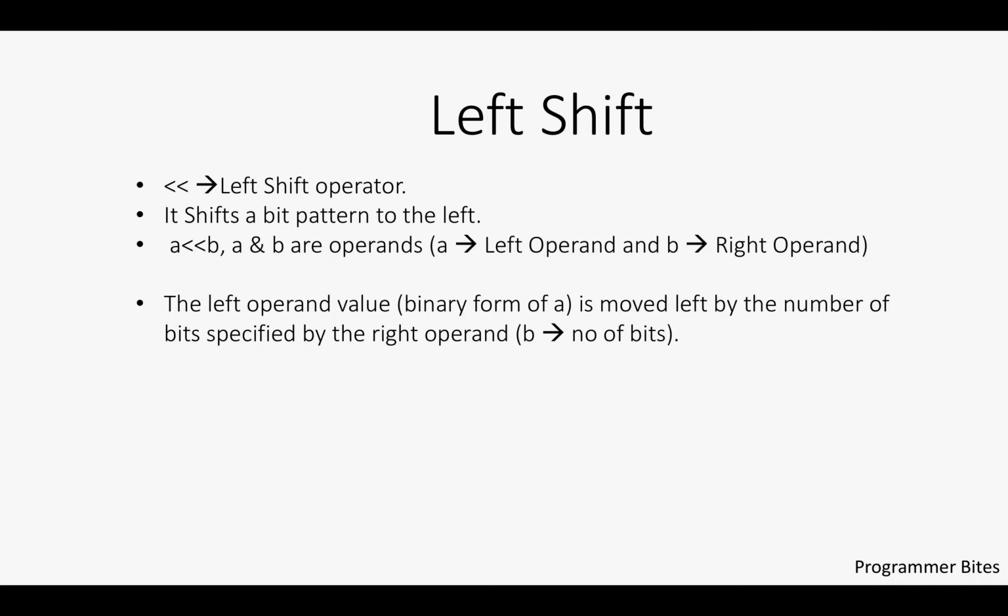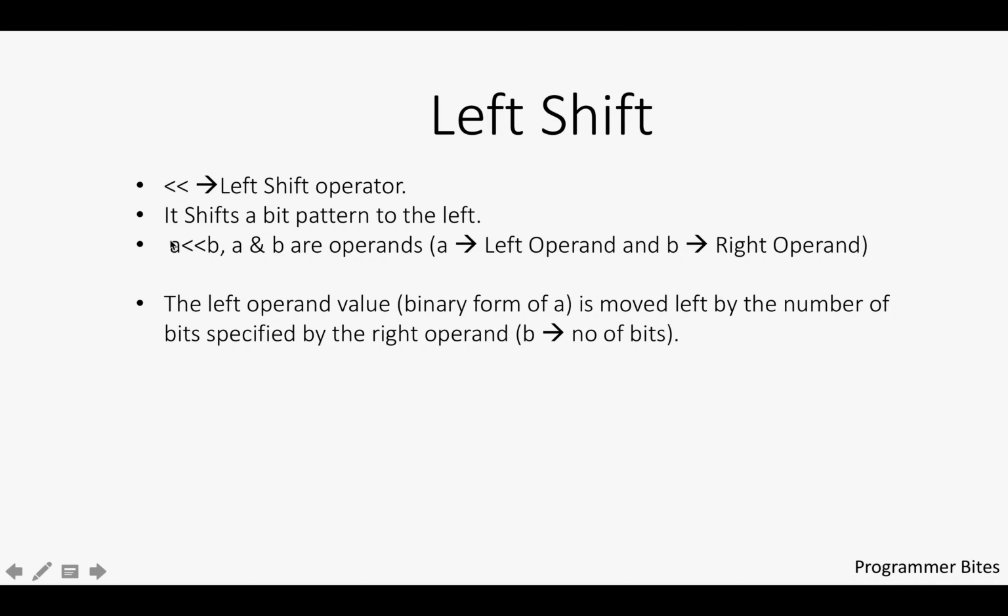Left shift operator. Two consecutive less than symbols represent the left shift operator. It shifts a bit pattern to the left. Let's take this operation: A left shift B. Here A and B are operands.